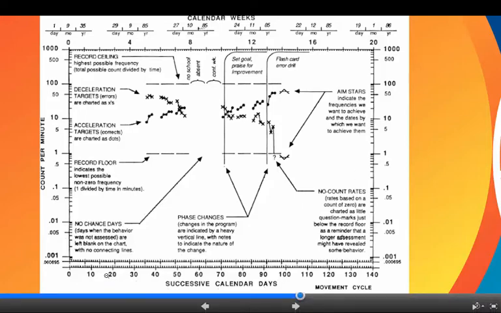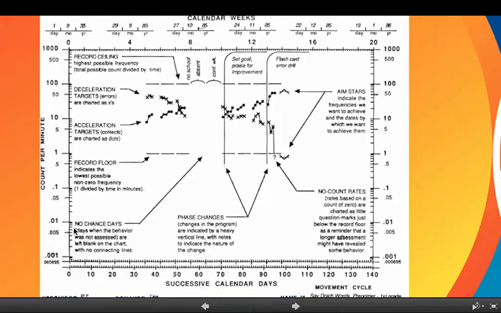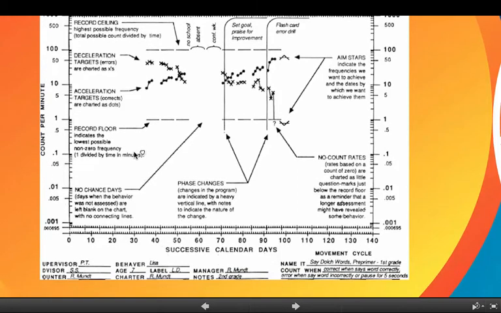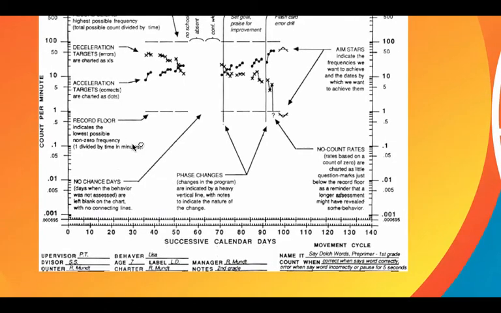Same system with respect to the x-axis, the horizontal axis, the abscissa. In this one, you're looking at successive calendar days. Same deal with the y-axis, the vertical, or the ordinate. We're looking at a count per minute of some particular behavior that we're tracking, for example.